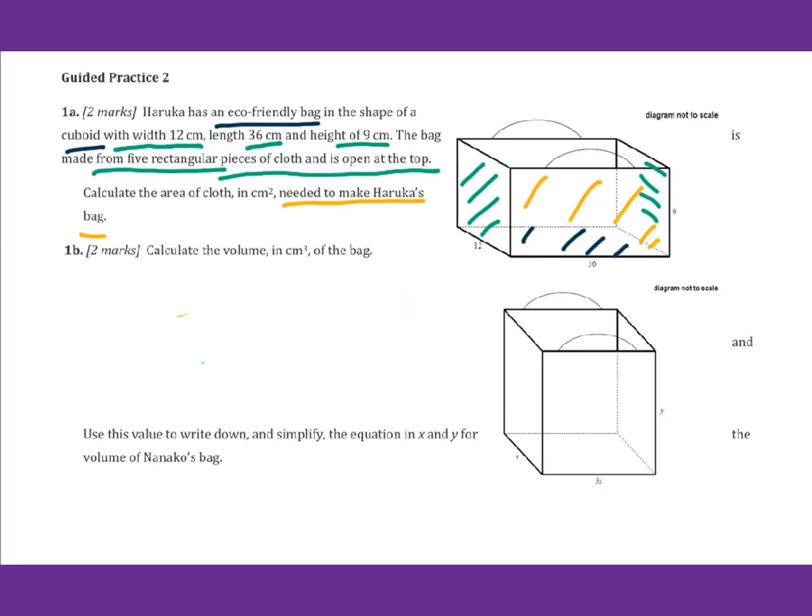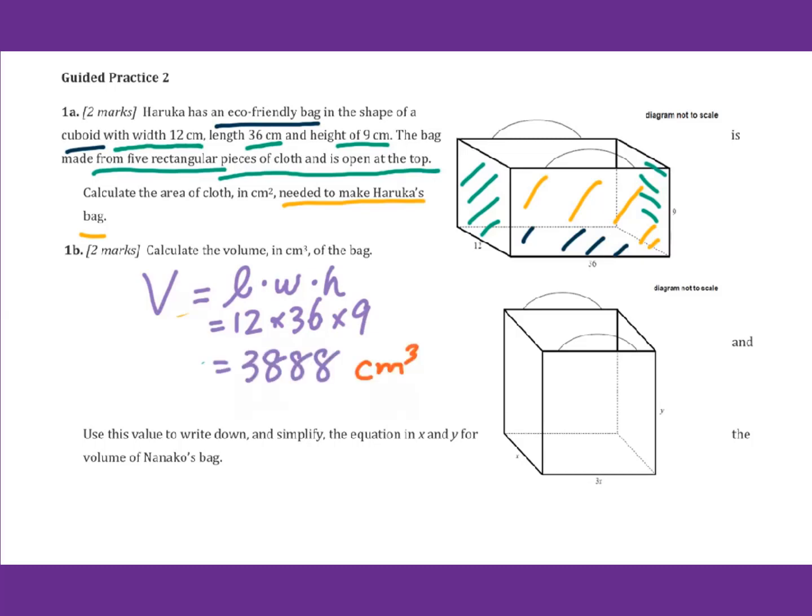Calculate the volume in centimeter cubed of the bag. We know for the volume, we have length times width times height. So we have 12 times 36 times 9 equals 3,888 centimeter cubed.